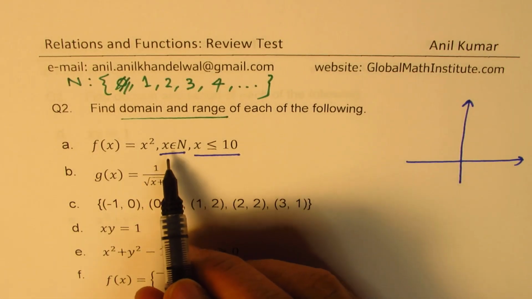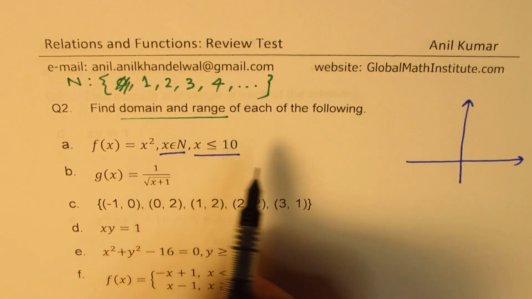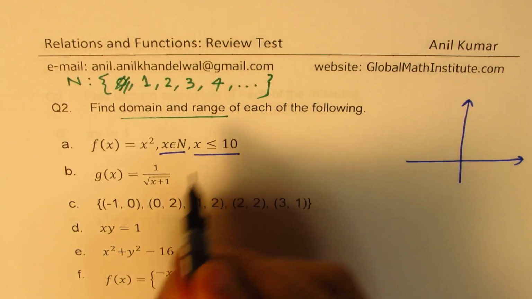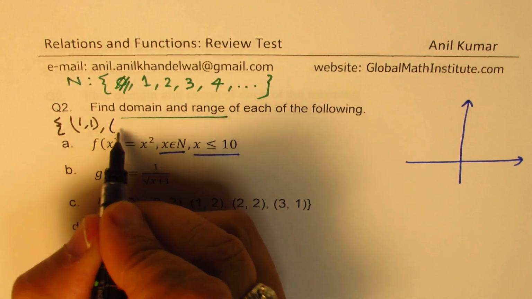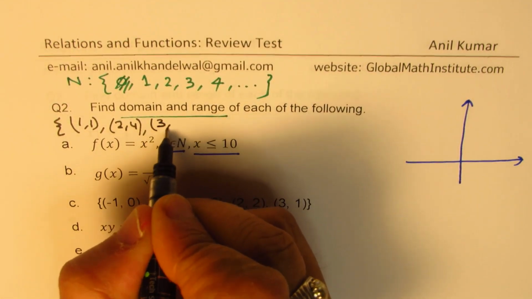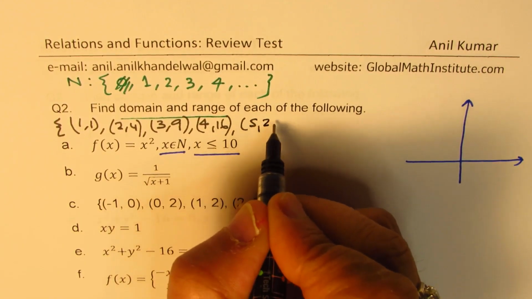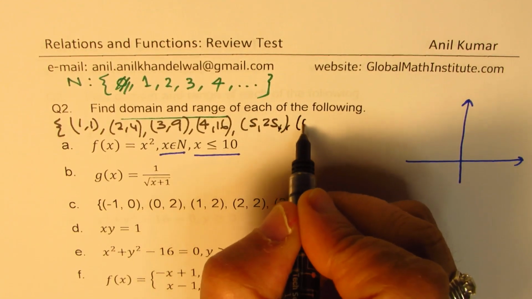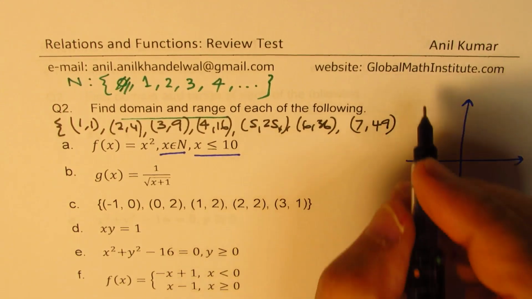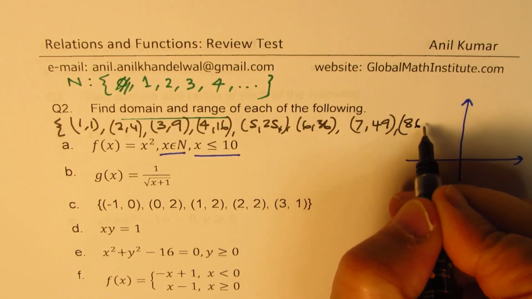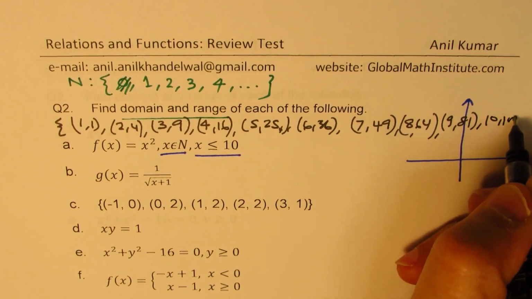So practically, we will have to start with 1, and therefore up to 10, the set of numbers which we are talking about are, we will write here like 1 and the square of 1 is 1, within the curly brackets. 2 square is 4, 3 square is 9, 4 square is 16, 5 square is 25, 6 square is 36, 7 square is 49, 8 square 64, 9 square 81, and 10 square is 100.